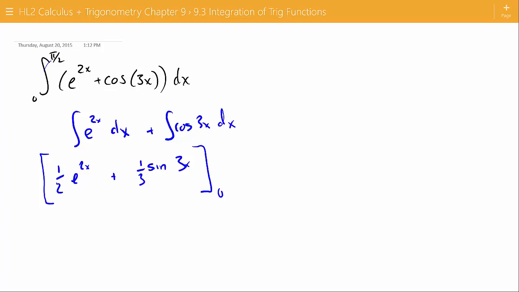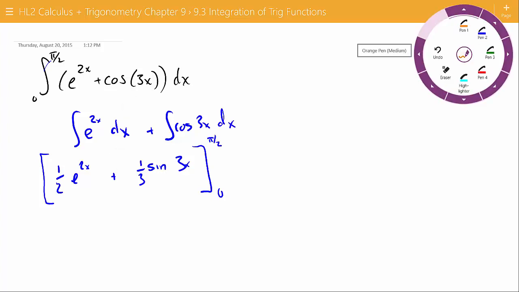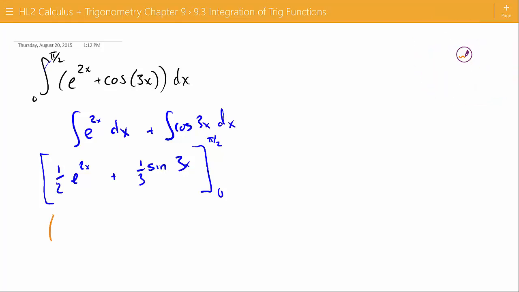We have 0 and pi over 2. And do we remember what to do with this? That's the big question. I hope so. We substitute the top one, and then we substitute the bottom one, and we subtract. So this becomes 1/2 e to the pi plus 1/3 sine 3 pi over 2 minus 1/2 e to the 0 plus 1/3 sine of 0.